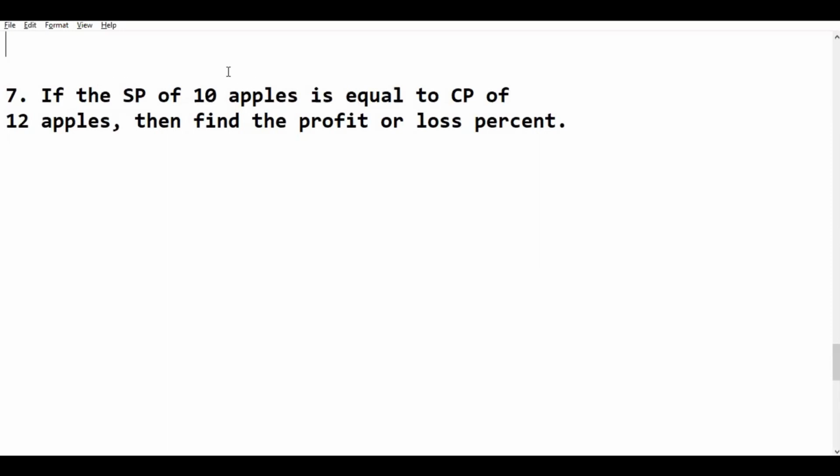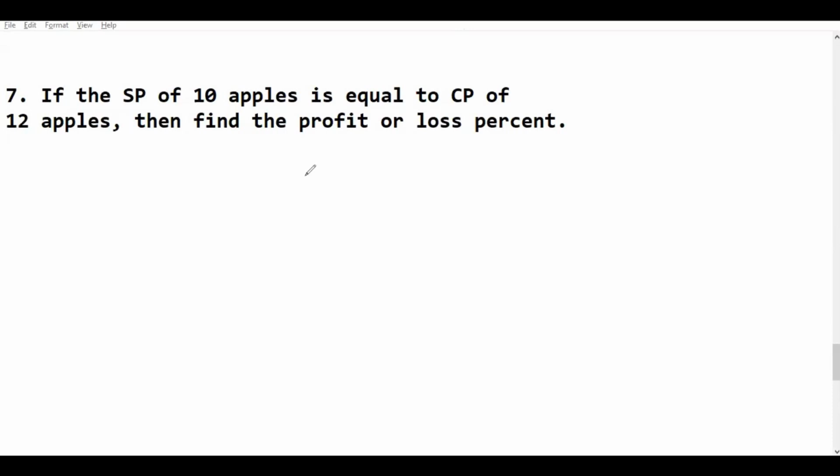If the selling price of 10 apples is equal to the cost price of 12 apples, then find the profit or loss percentage.